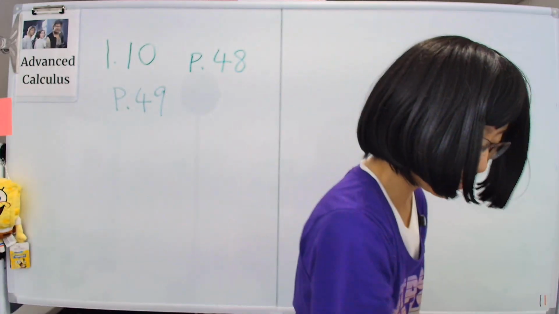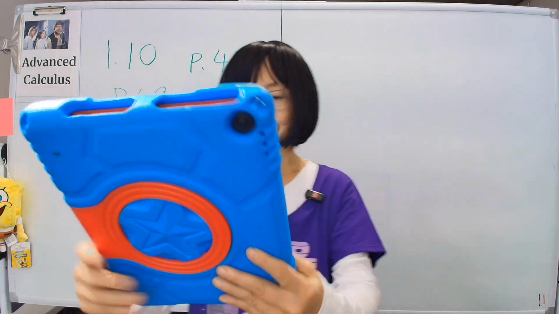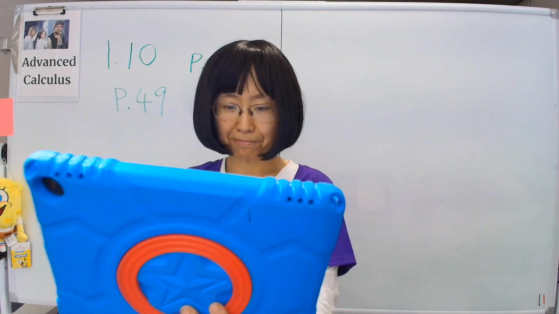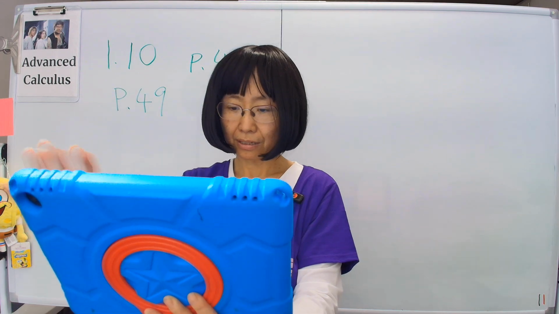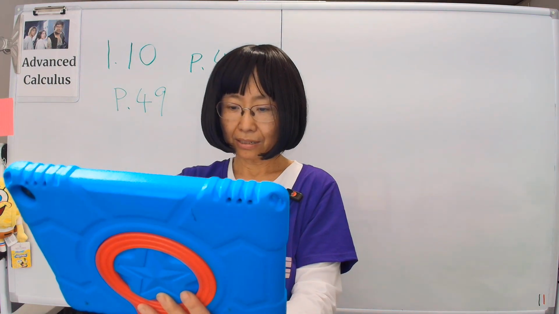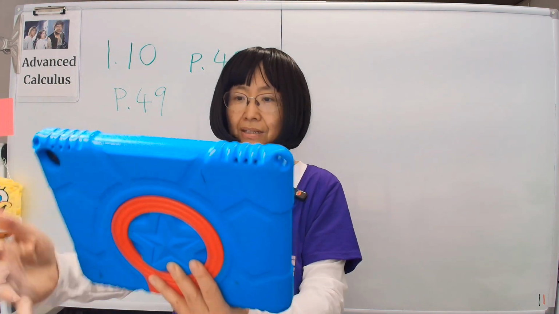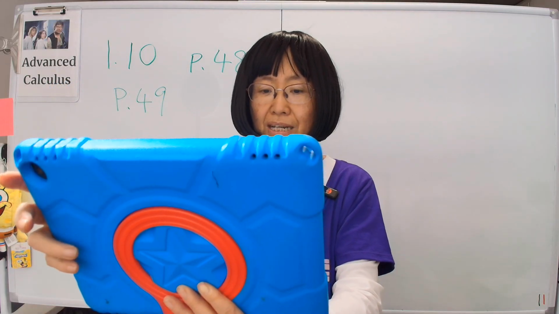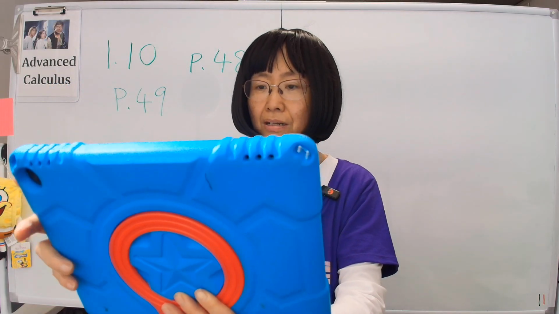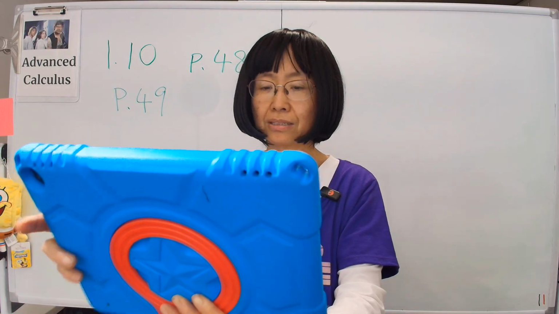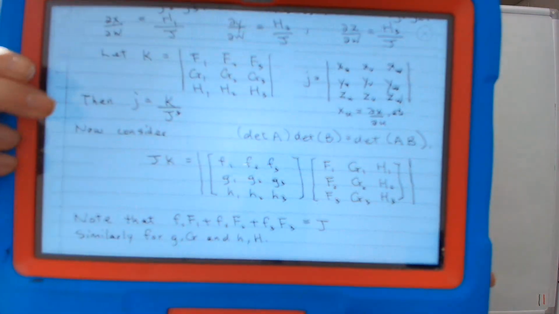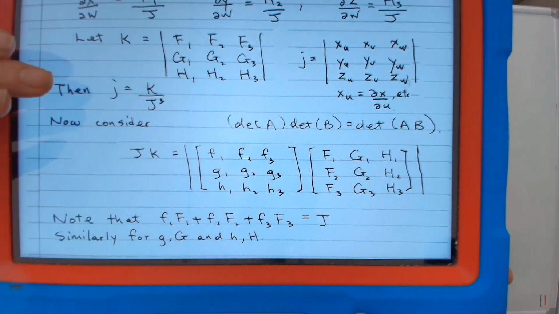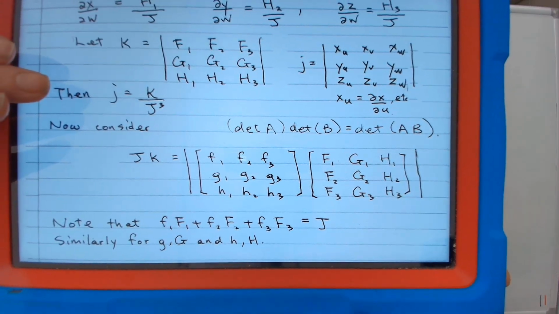If j times k equals j cubed, what does that mean? Now, remember, what is small j? Remember that small j, we calculated earlier, equals k over big J cubed.